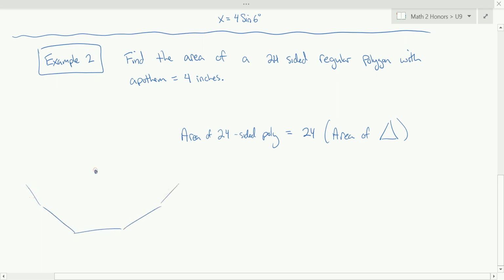And they tell us from the center to a midpoint, that's your apothem, not a vertex, but a midpoint, and it's perpendicular, is going to be 4 inches. Okay, and so here's the triangle we're working with, a height of 4. So we already know the height of that triangle. That's nice. We just need to find the base. So we got 24 times 1/2 times the base times the height of 4.